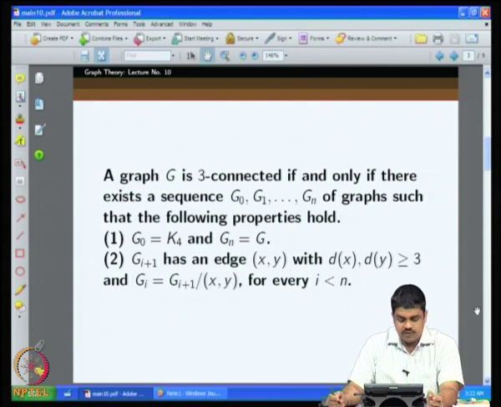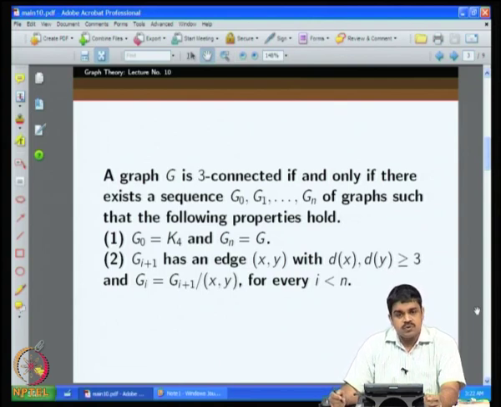See, one side of this thing is very trivial, in view of the result we have already proved. You give me a 3 connected graph. Of course, every degree is greater than or equal to 3 there, because it's a 3 connected graph.